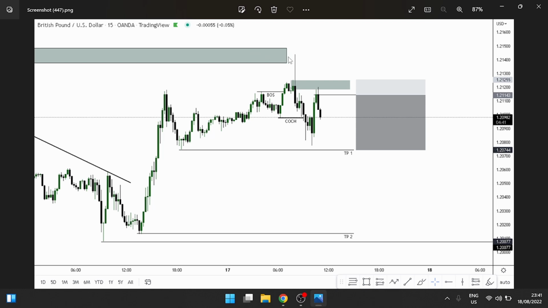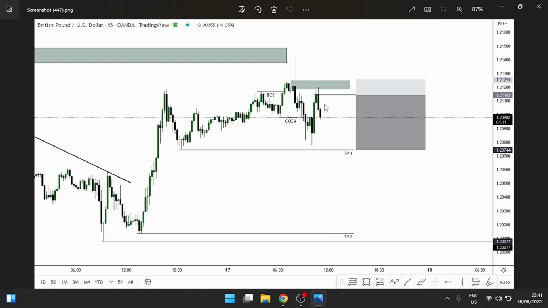I did miss this entry right over here simply because it was still early in the morning, but between 9 and 12, price came back to this level right over here and we got tagged in. So this was our entry. We're targeting these previous lows and these lows right over here.